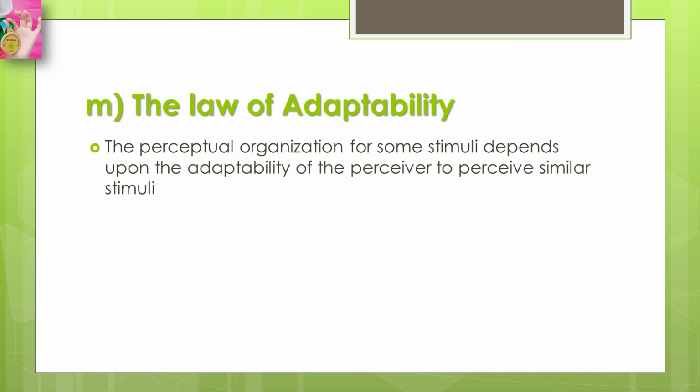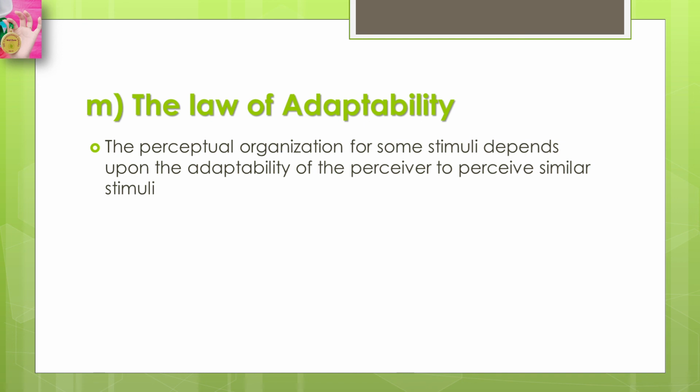Similarly, our sense organs of touch, smell and taste may also get accustomed or adapted to a certain degree of stimulation, and getting habituated to this kind of stimulation may strongly affect perception. So all these principles which we have discussed are important in the organization of perception, and these principles facilitate perception, which further leads to meaningful organization of objects in the environment.